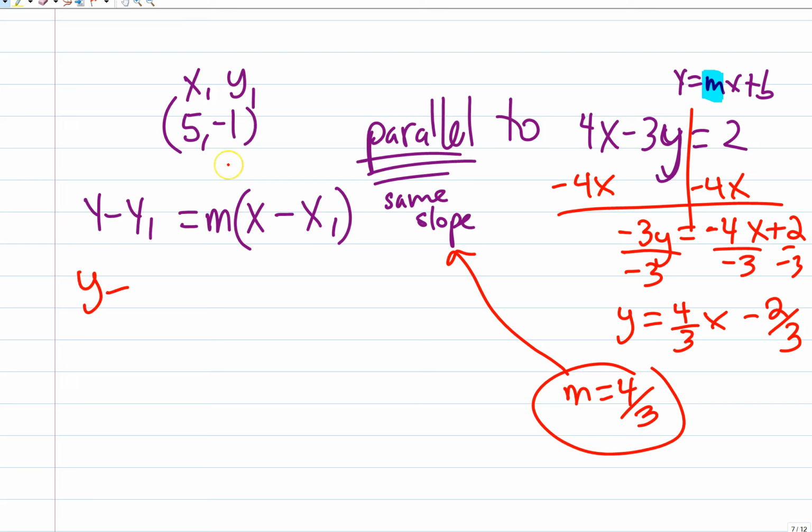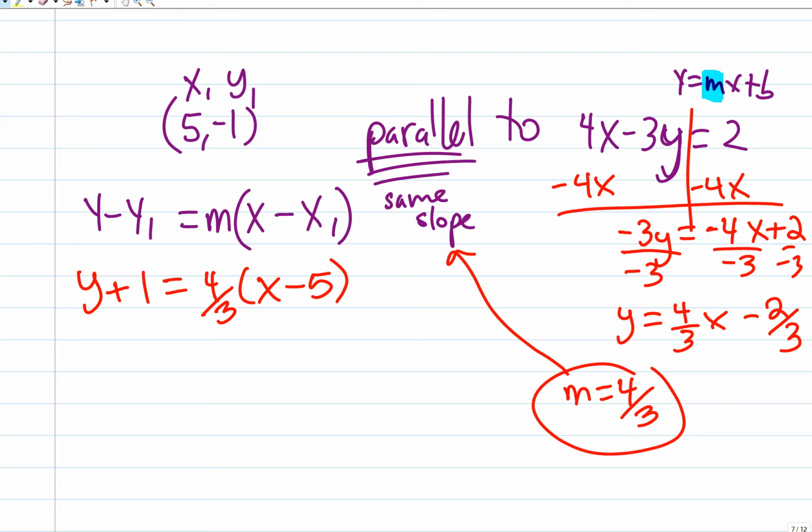Y minus, what's the y1? So I like that. Minus -1 is +1 is equal to, what's our m? What's our m? X minus. If they want the answer in point slope form, you're done.